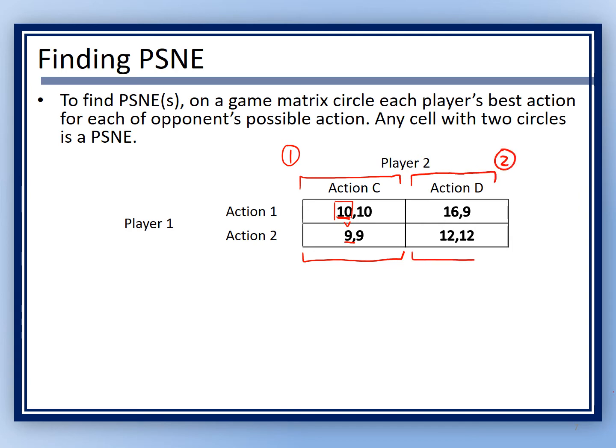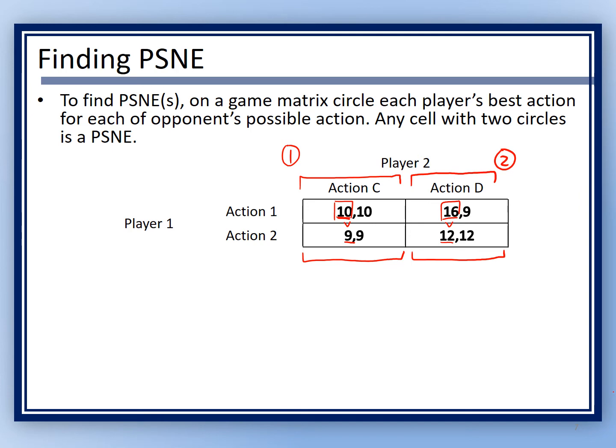Now we move on to action D. Suppose player 2 has chosen action D. What would player 1 choose? Player 1 is now choosing between 16 and 12. 16 is higher than 12, so he's going to pick 16. So that's action 1, and we circle that.